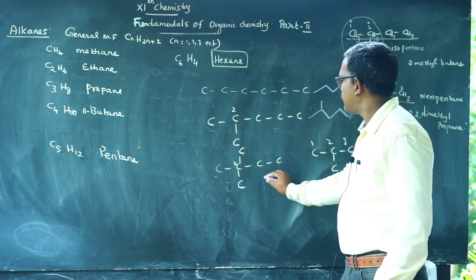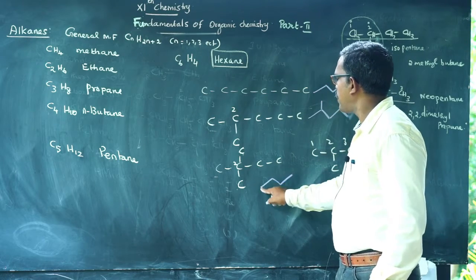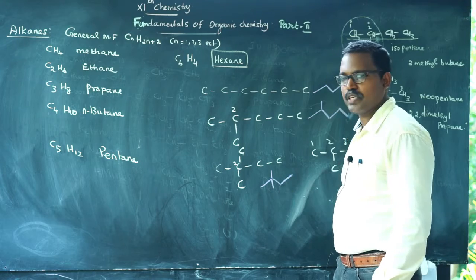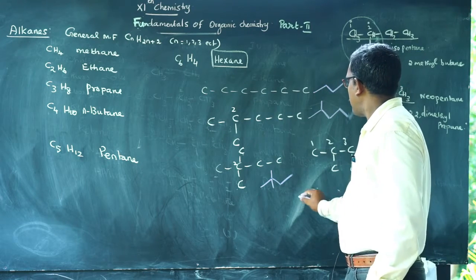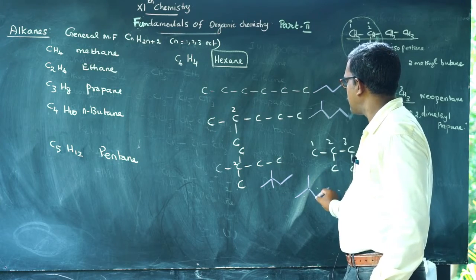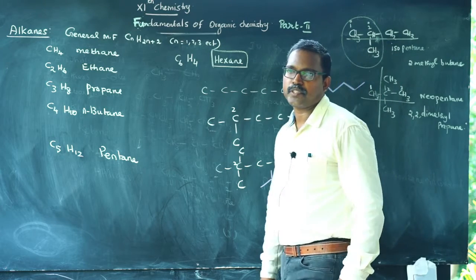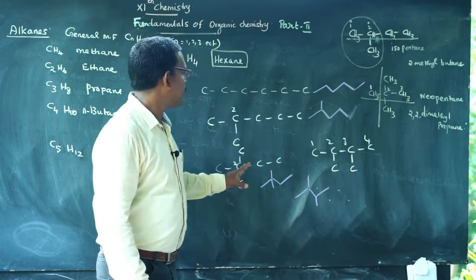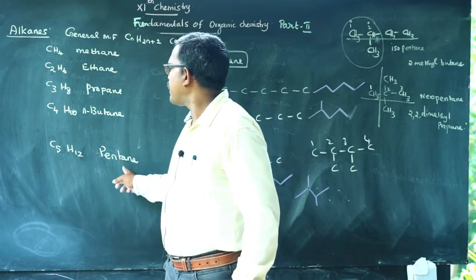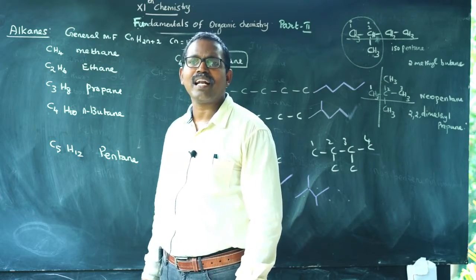Here the straight chain has only 4 carbon atoms, 1, 2, 3, 4, with 2 substituents on the second carbon. Here 1, 2, 3, 4, with one substituent on the second carbon and one on the third carbon. So, these are the simplest ways of writing the common name and IUPAC name of alkanes.